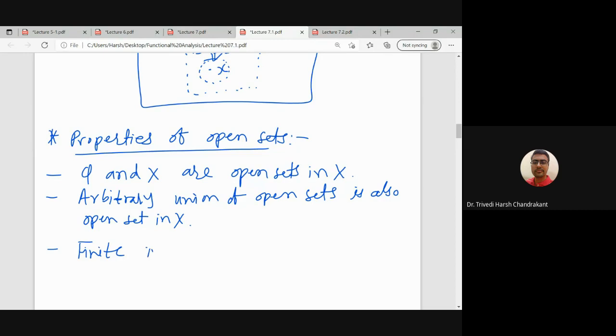And the third property we know is that a finite intersection of open sets is also an open set.